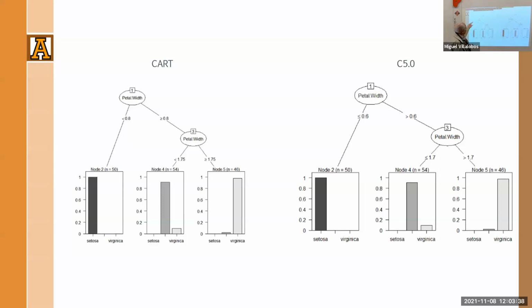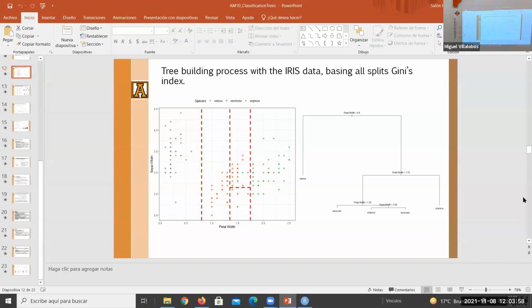But in the case of CART and C5.0, they give me essentially the same nodes in this particular case. And in both cases I get a tree with 3 terminal nodes. And now we will go to R.